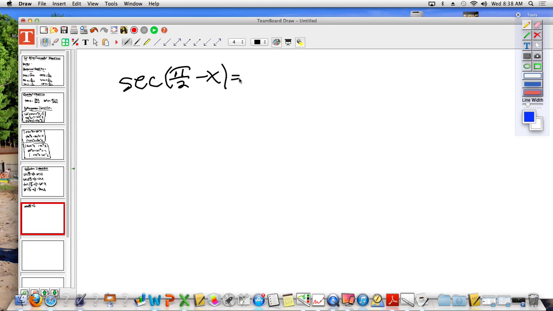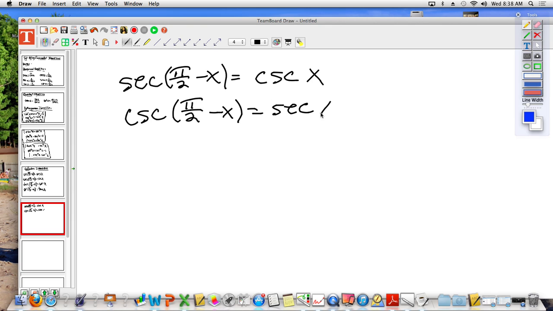You would get exactly the same graph as the cosecant of x. And the cosecant of pi over 2 minus x is the same thing as the secant of x.